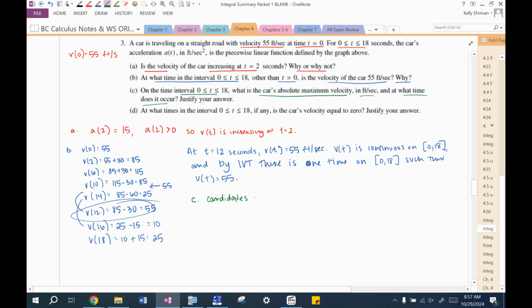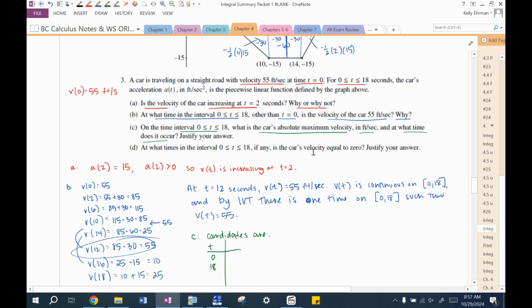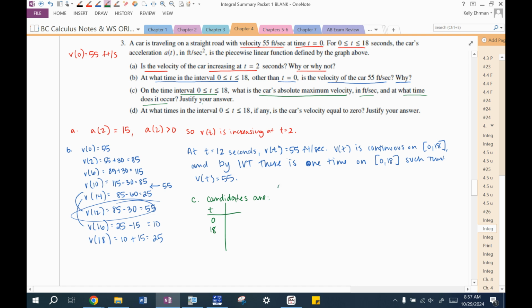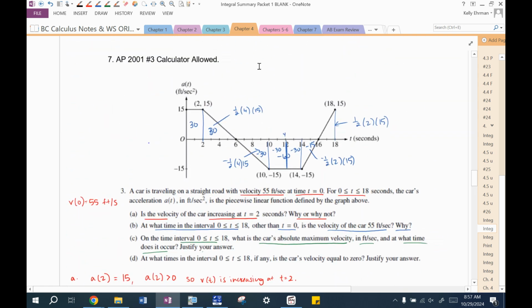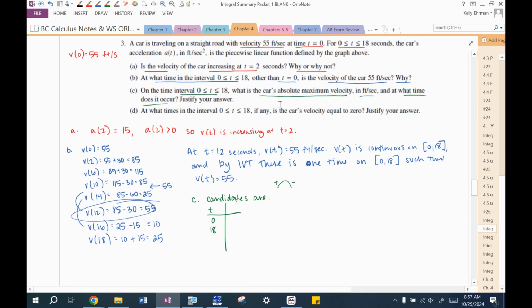The candidates are endpoints, so for t, we've got 0 and 18. And then we're talking about maximum, so anytime a relative maximum occurs, that's where the derivative changes from positive to negative. So acceleration changes from positive to negative at 6, and that's the only time.